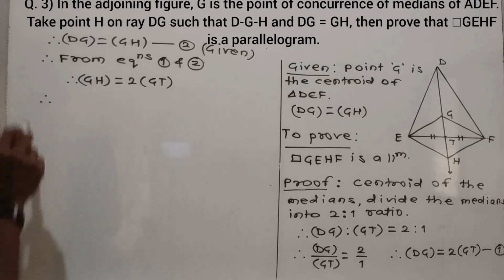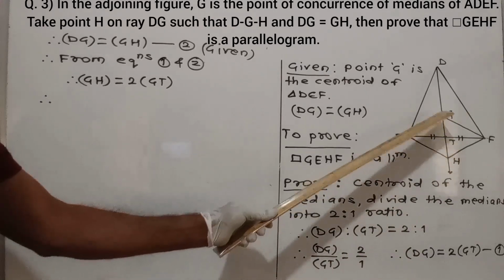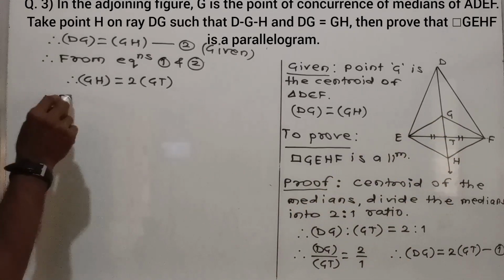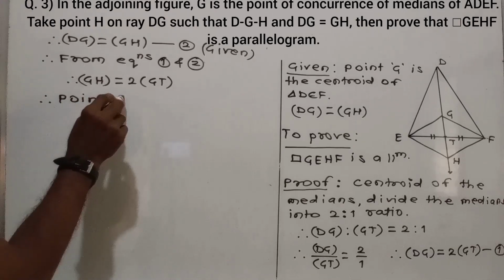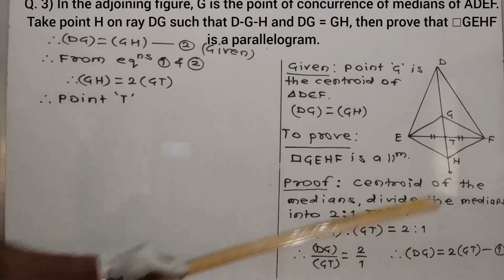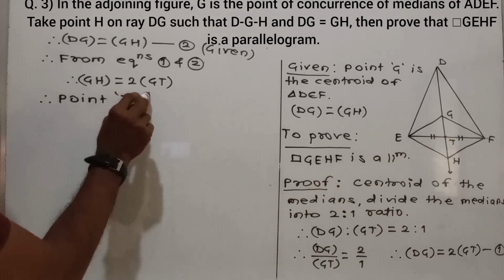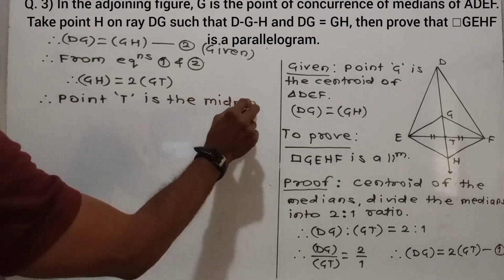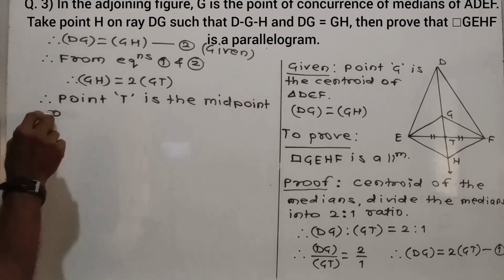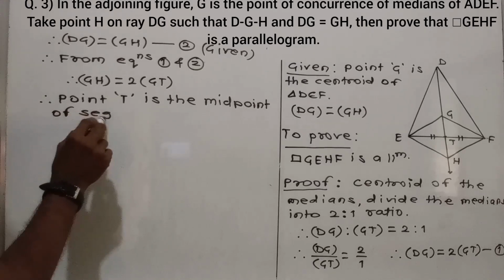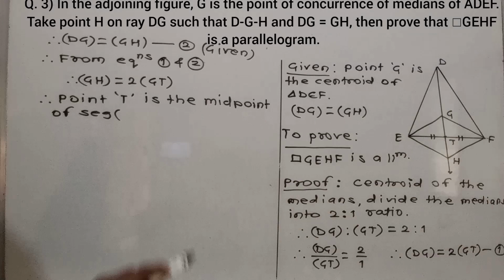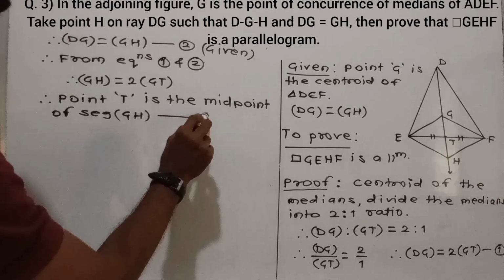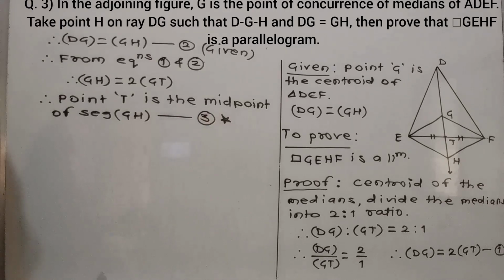Therefore, if GH is equal to 2GT, therefore, point T is the midpoint of segment GH. This is our important equation number 3.